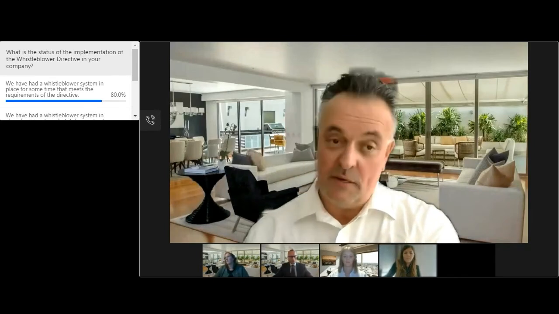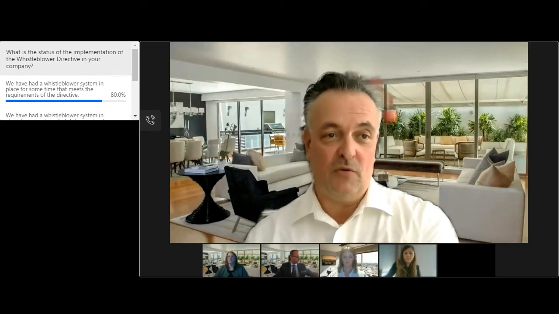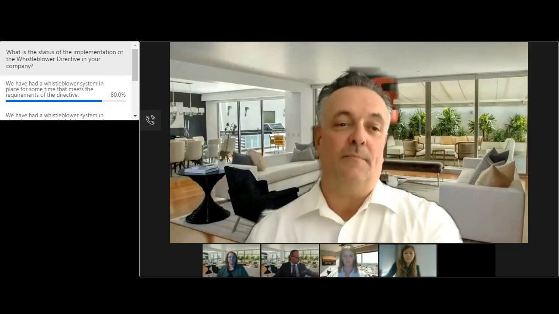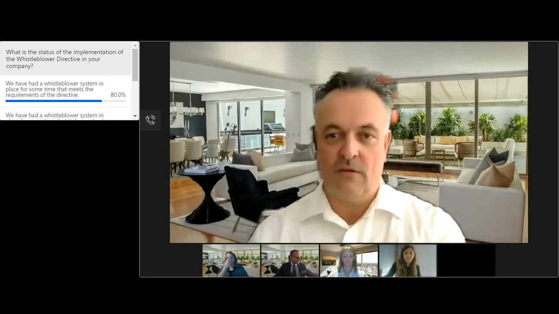Still, 10% have a whistleblower system in place that probably does not meet the requirements, and another 10% are saying we do not have anything in place or have not yet started to implement something because we first wait for the transposition.